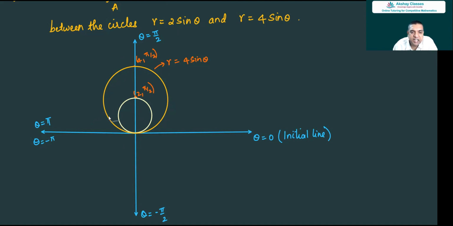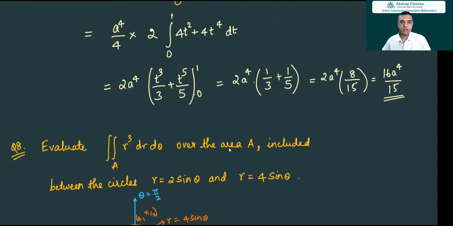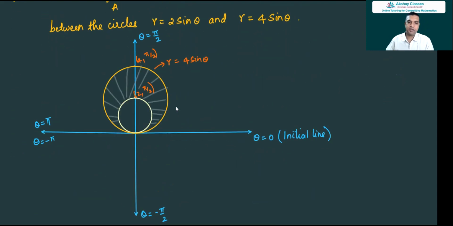Now, this is the area. Over this area, this function has to be integrated. So this is the region of integration. And we have to integrate r cube over this region of integration.